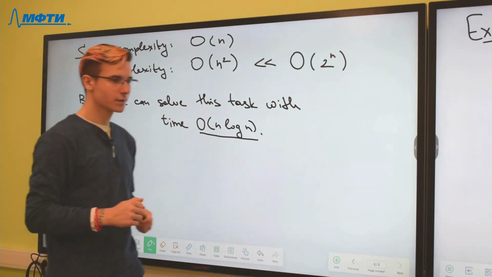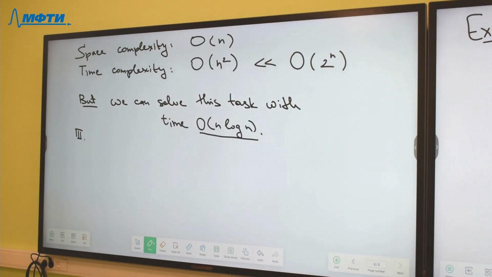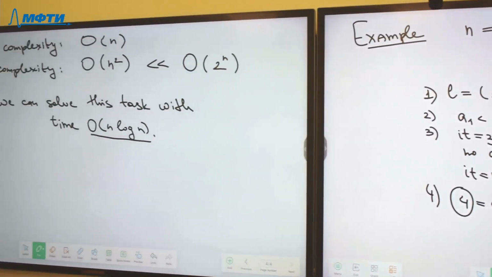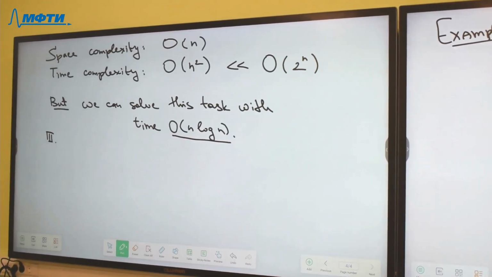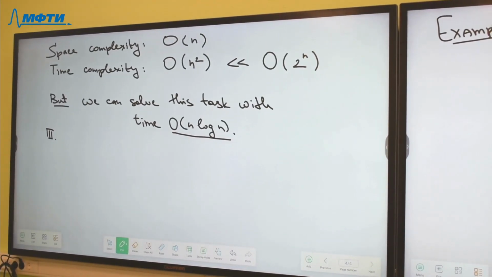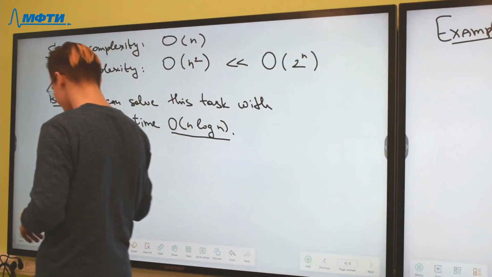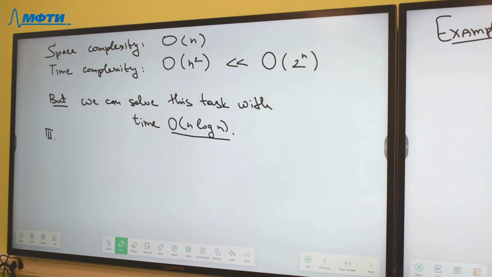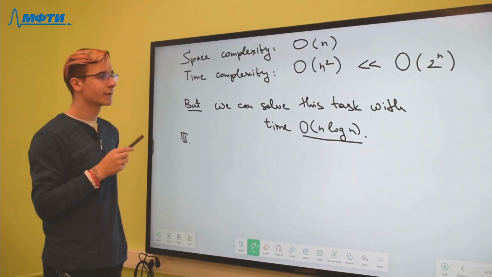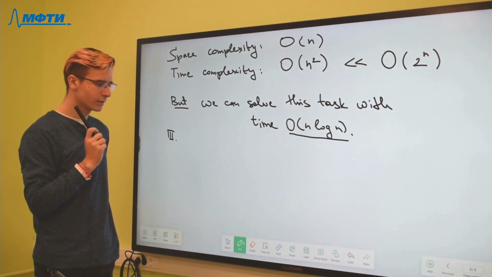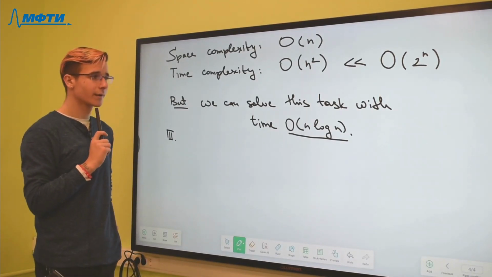Okay. About this increasing subsequence: what do we store now in the second algorithm?